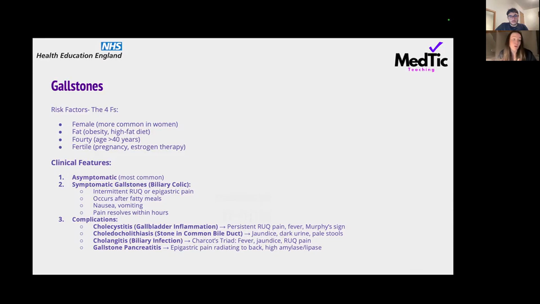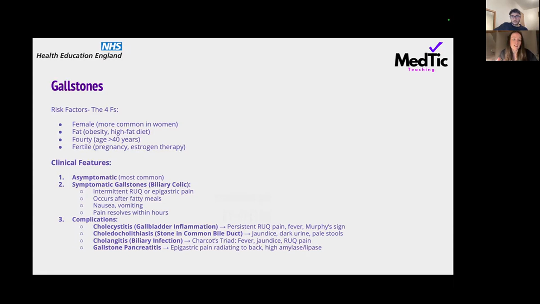In terms of complications of having gallstones, things like cholecystitis, so that's an inflamed gallbladder where you get right upper quadrant pain that doesn't go away with a fever and Murphy's sign on examination. The stone can get stuck in the common bile duct as well. That's where you get jaundice, things like dark urine and pale stools.